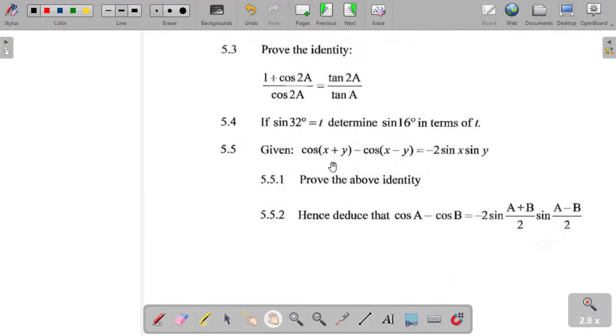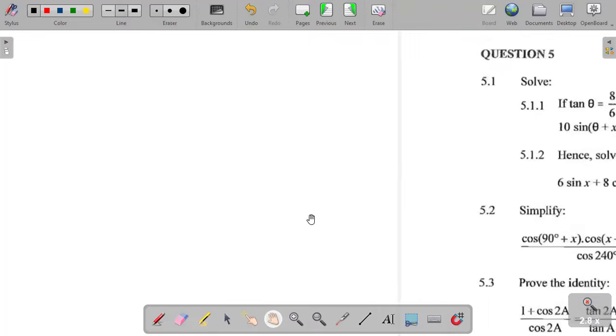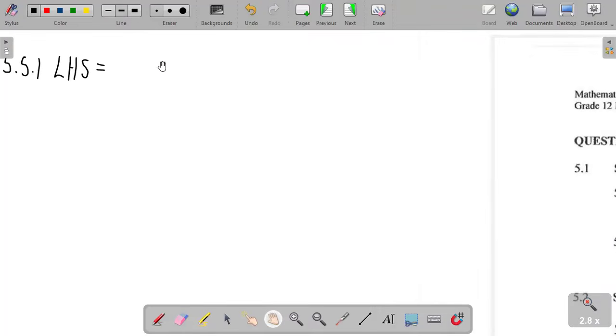cos x plus y, and then cos x minus y. Cos x plus y and then cos x minus y.